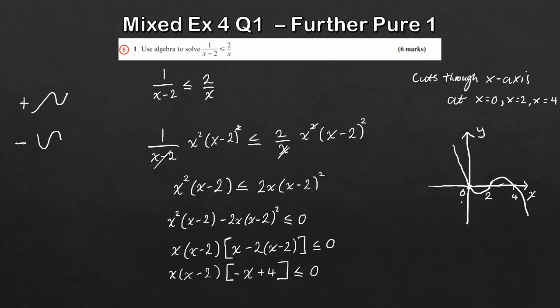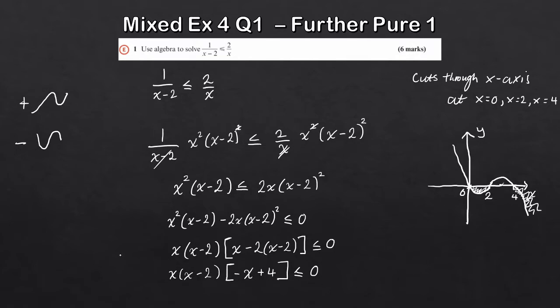So we're looking for, where is it below the x-axis? Well, at this point here it's above, so it's definitely not that as a solution. Between 0 and 2, that's perfect. We are below the x-axis, so that'll be part of the solution. And then between 2 and 4, we're above the x-axis, so we don't want that. But after x equals 4, everything past here is perfect. My graph's kind of bad. It should be to the right of it like that, but yeah, perfect.